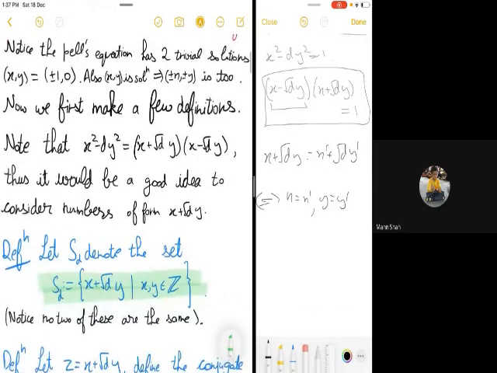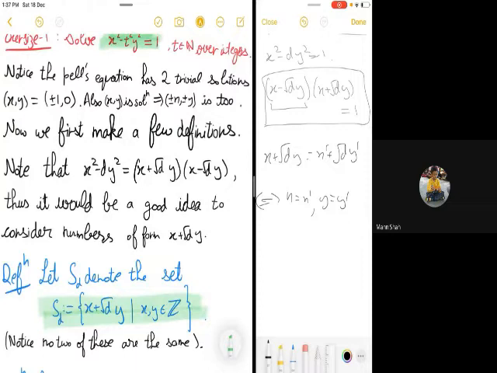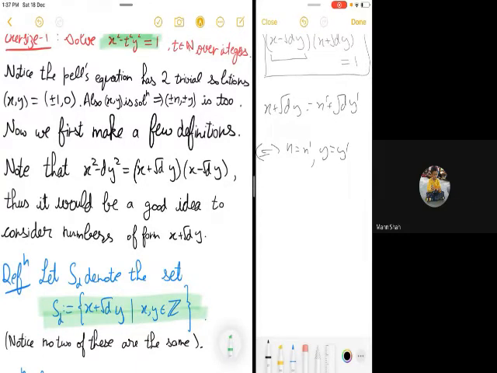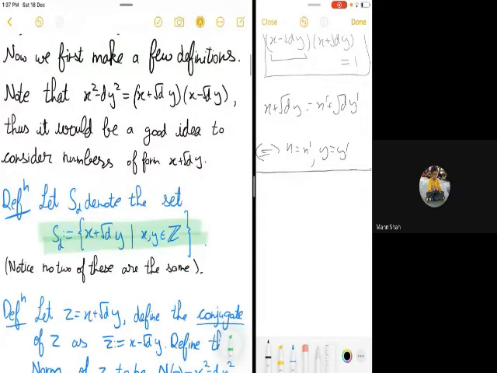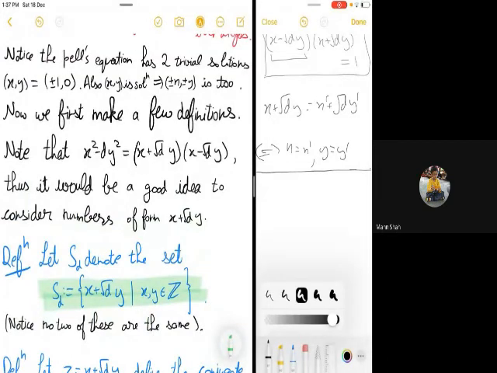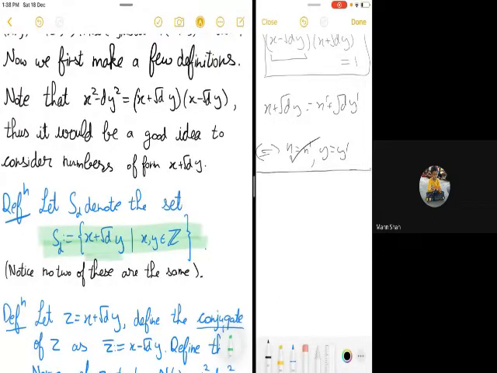Just because root d is not a rational number, so (x minus x') divided by (y' minus y) would be a rational number, so root d must be a rational number, but that is a contradiction since we assume that d is not a perfect square. Yeah, exactly. So good. So this is a property that we have: no two of these numbers are the same.